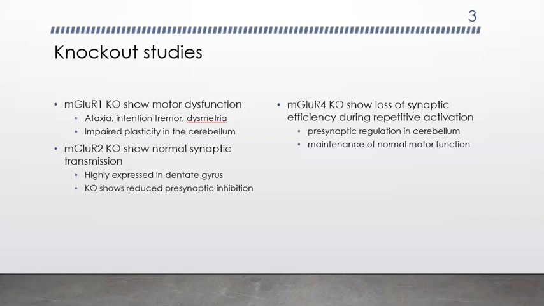We don't get that feedback that we need. mGluR4, we see loss of synaptic efficiency during repetitive activation. So that presynaptic regulation in the cerebellum and maintenance of normal motor function is where we're seeing this loss. Okay, so it has to do with that plasticity.